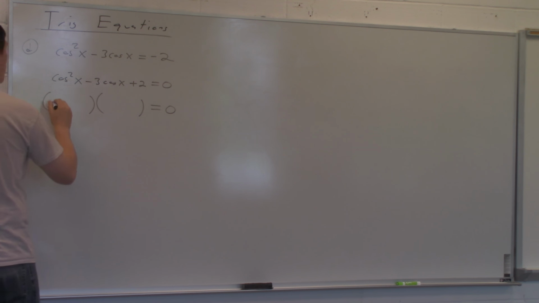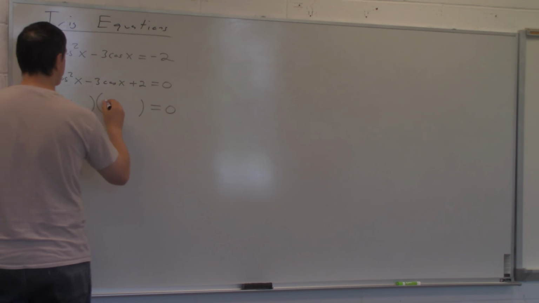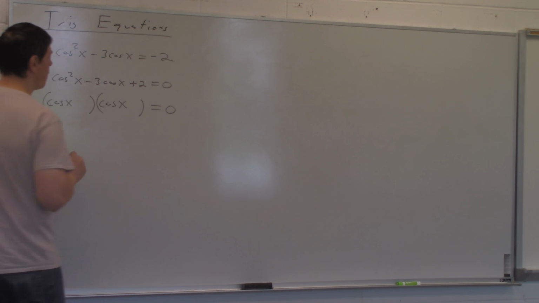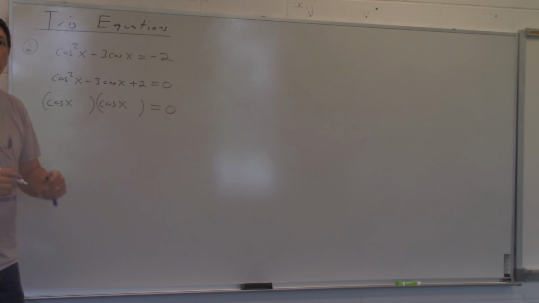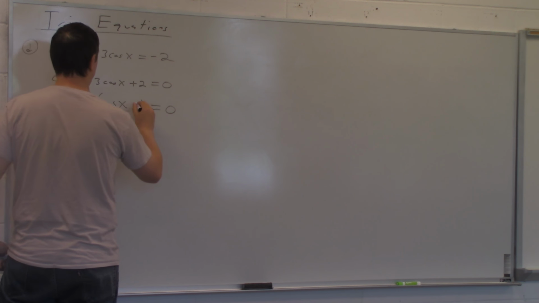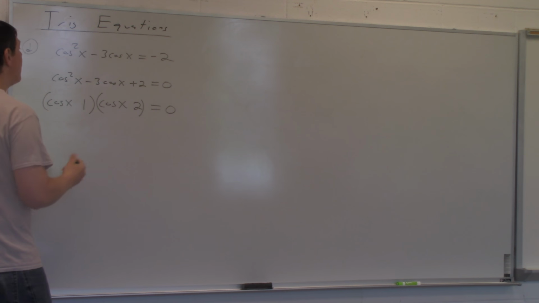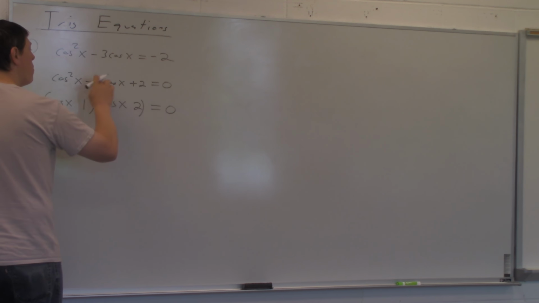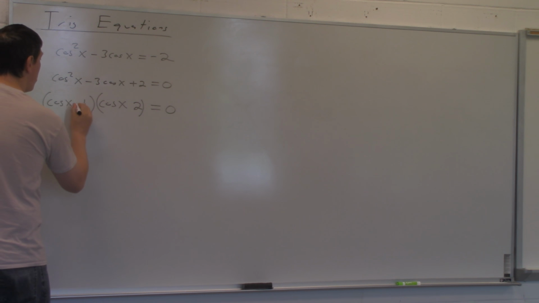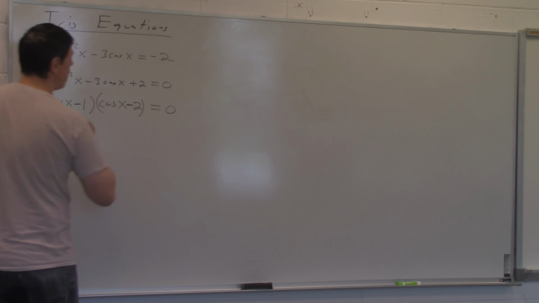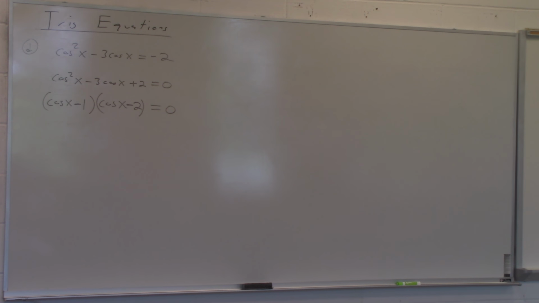To build a cos squared, cos x, cos x. To build a 2, the only numbers that multiply nicely to give me 2 are 1 and 2, and it doesn't matter where the 1 and the 2 go. To get a positive 2 but a negative inner term, both have to be negative. Both the 1 and the 2 have to be negative.